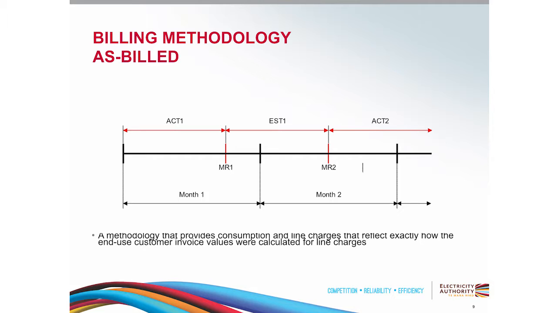So as-billed information is fantastic. It matches the retailer's cash flow, so it's what they've actually taken in. It doesn't match what you're going to see in the electricity market in terms of reconciliation. So as-billed is the first and the simplest method of EIEPs.